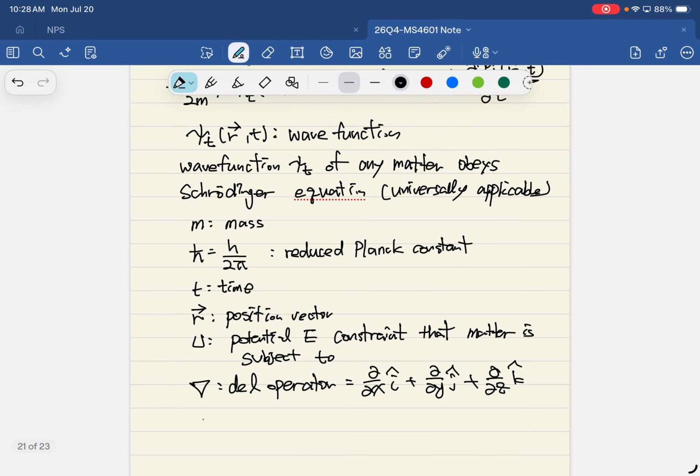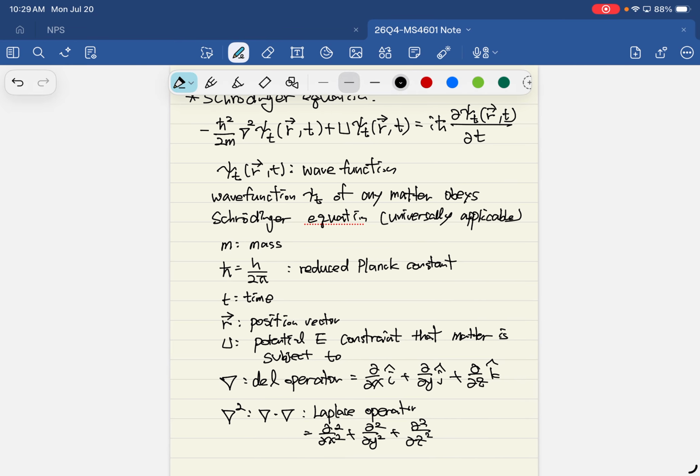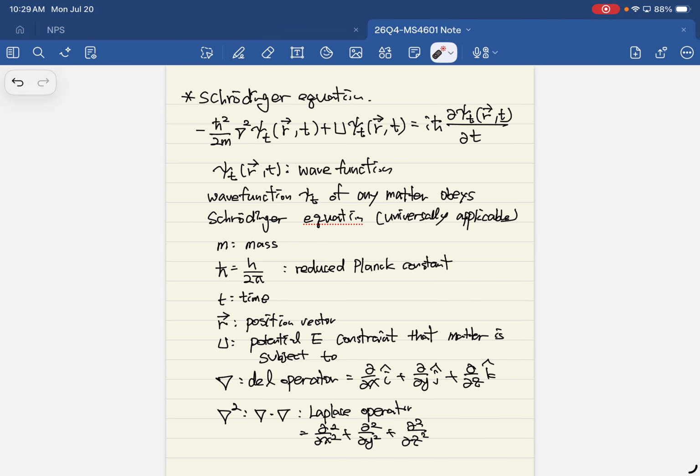If we express del inner product with del, that is the Laplace operator, which is partial squared over partial x squared, plus partial squared over partial y squared, plus partial squared over partial z squared. Now if you look at this expression, it has derivatives with respect to space, and also a derivative with respect to time.